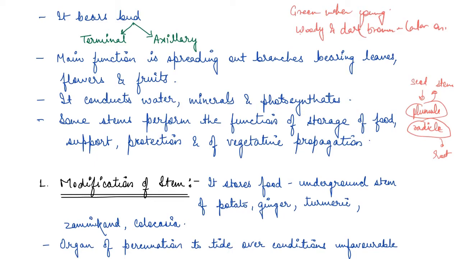Now what is the main function of the stem, right? So the main function of the stem is spreading out branches which bear leaves, flowers, and fruits. So the main function is to have branches which have leaves, flowers, and fruits, right?